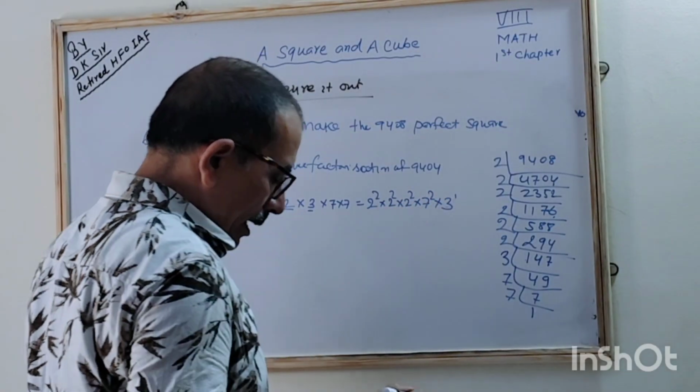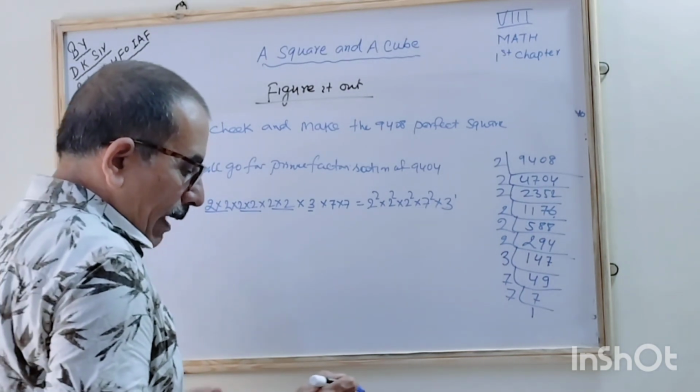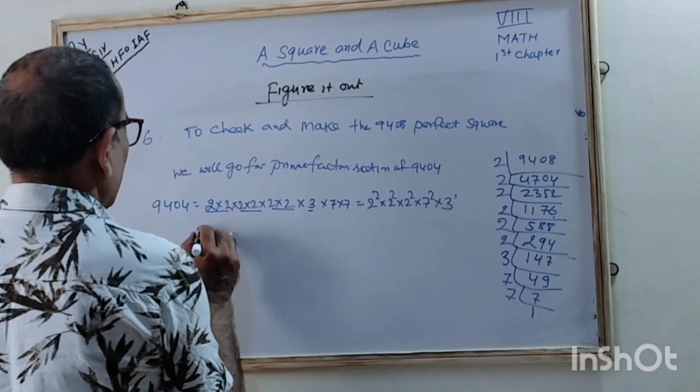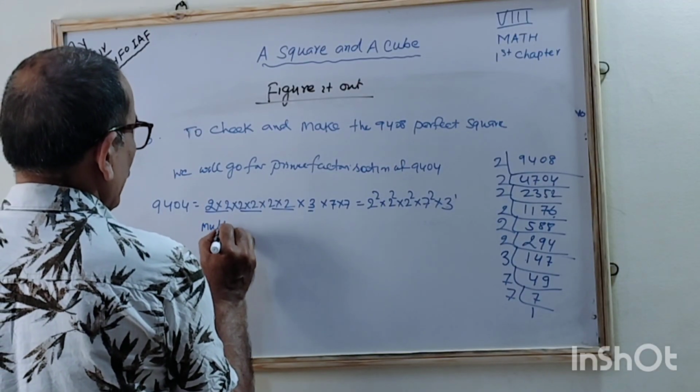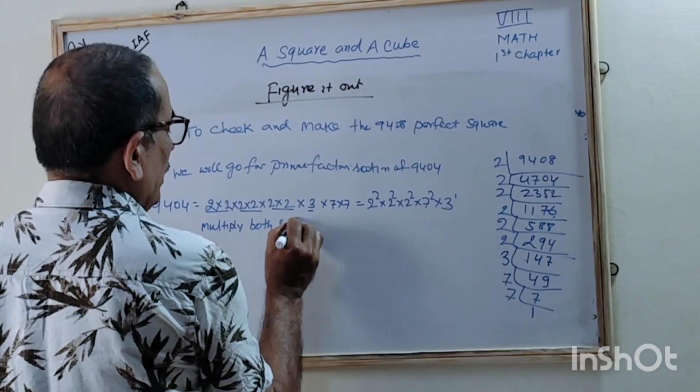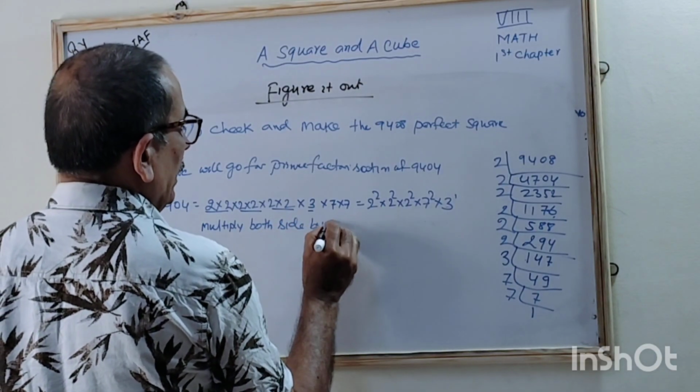Correct? 3 is alone. So to make it a perfect square, what do we have to do? We have to multiply both sides by 3 to make it a square.